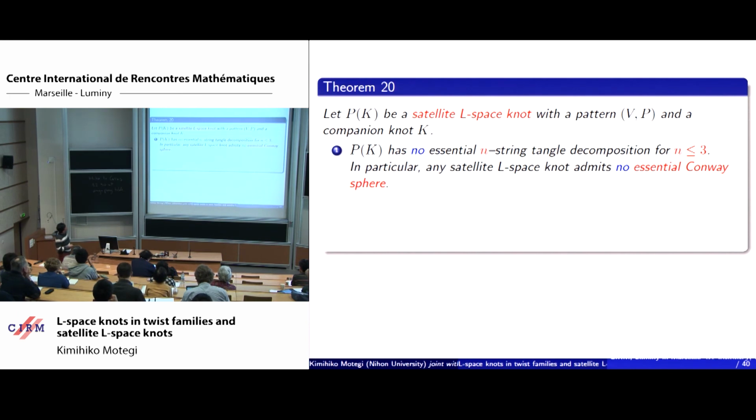And we apply our previous results to give a partial answer, a very small partial answer. Let P of K be a satellite L space knot with a pattern (V, P) and a companion knot K. Then P of K has no essential n-string tangle decomposition for n less than or equal to 3. So in particular, any satellite L space knot admits no essential Conway sphere.